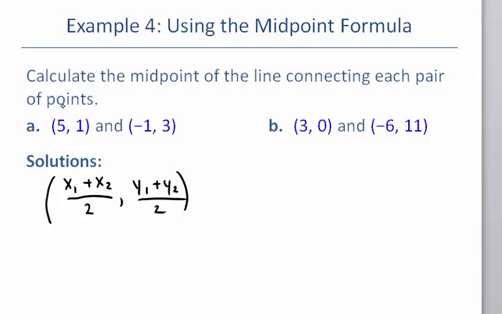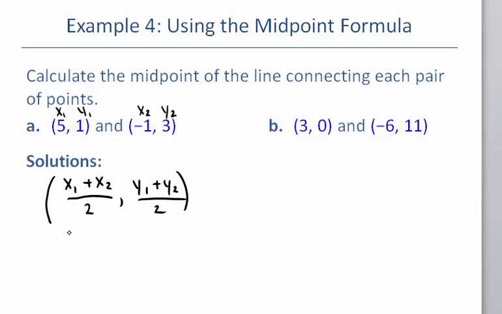So again, we can label our points. Our first point, which is 5, 1, contains the x1 being 5 and the y1 being 1. Our second point, which is negative 1, 3, the x2 would be negative 1 and the y2 would be 3.